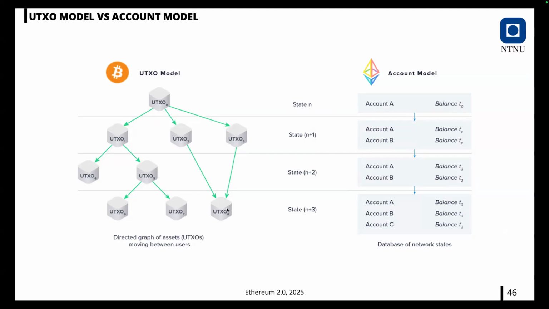You can unlock this UTXO and you can spend it, right? Why, how would you interpret that we have one UTXO and then it leads to 3 other UTXOs? What does that mean? How does that work?